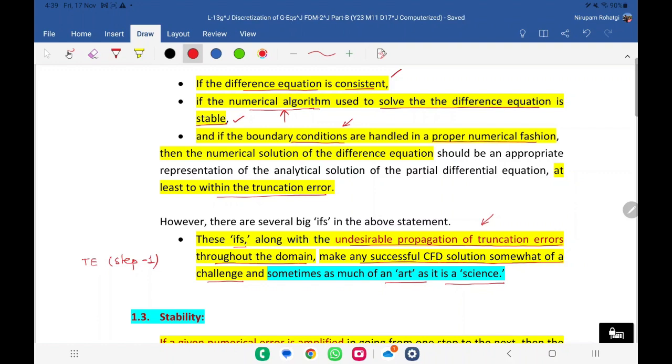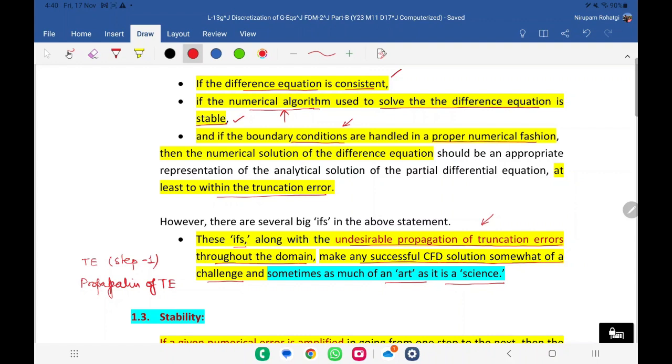So your truncation error is small. But now this is a propagation of truncation error. Second is propagation of truncation error. What is it? Because you are going in steps, each time truncation error is going to come, and if it is going to add up each time, it is going to create a problem, because truncation error should be sometimes positive, sometimes negative, and then they will keep on cancelling each other.